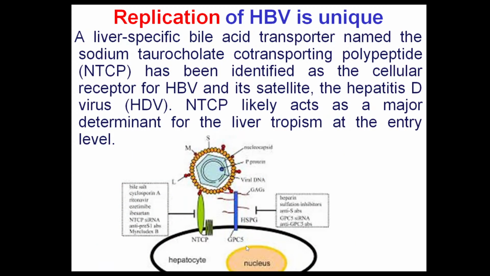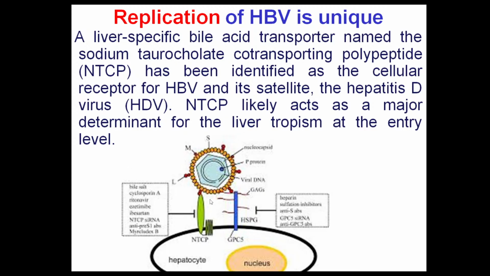So, a liver-specific bile acid transporter named sodium taurocholate co-transporting polypeptide has been identified as the cellular receptor for hepatitis B and its satellite, the hepatitis D virus. It likely acts as a major determinant for the liver tropism at the entry level.